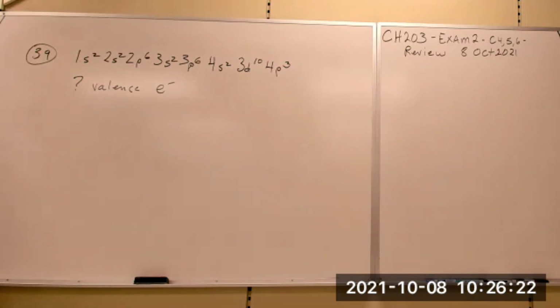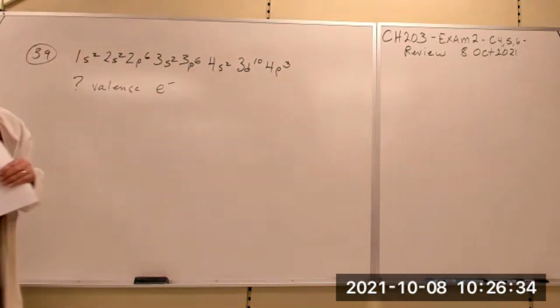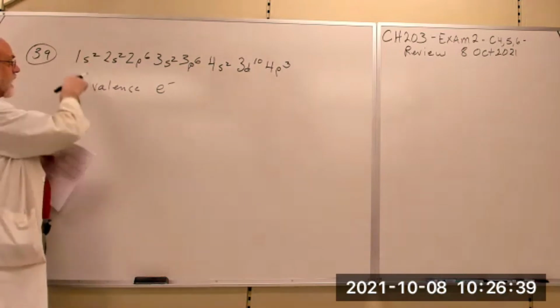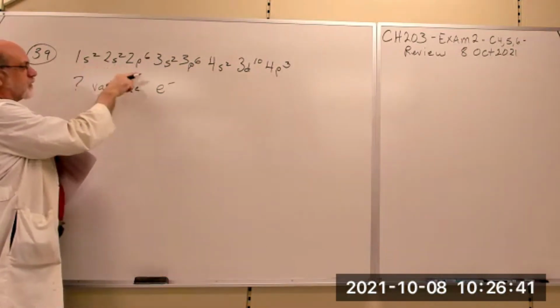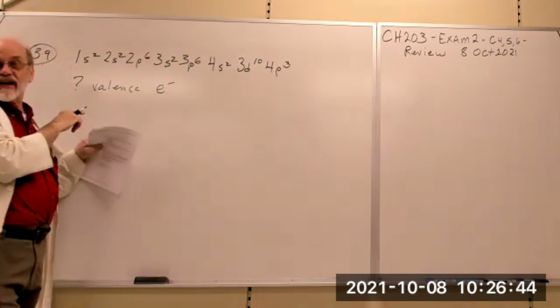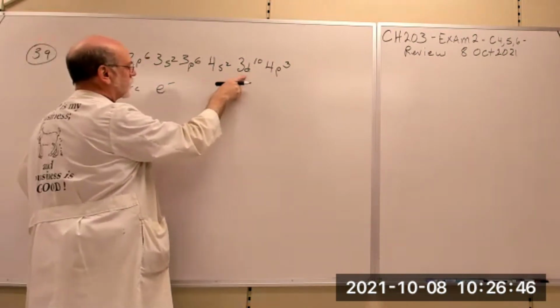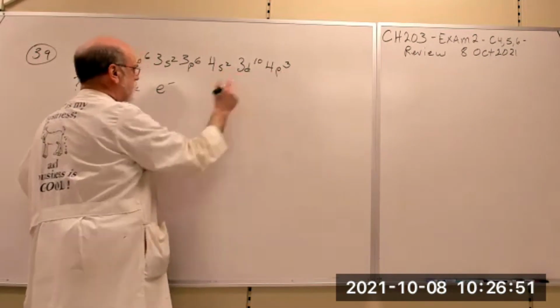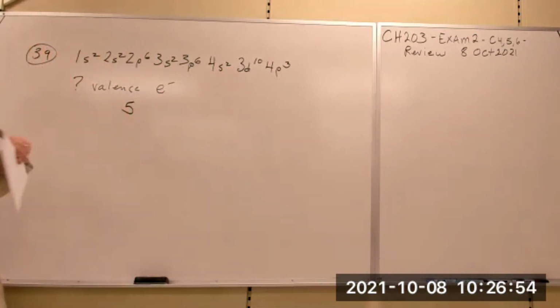Think back to the definition of valence. It's the highest energy electrons that are in the same period, in the same principal quantum number. We talked about that, didn't we? The N, principal quantum number. So look, can't be 1s, can't be 2s, they're full. 3s, but we haven't got to the highest one yet. There's 3 here, but look, there's 4 there and there's a 4 there. So 2 plus 3 is 5 valence electrons in that configuration.